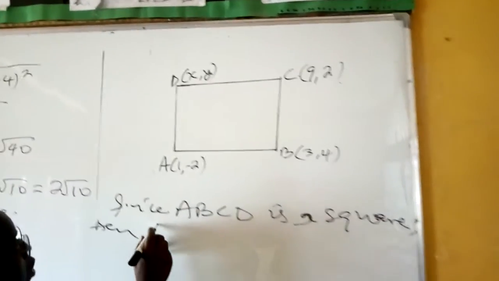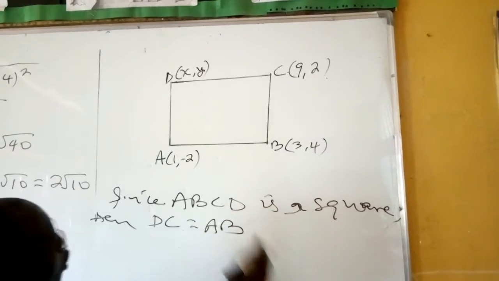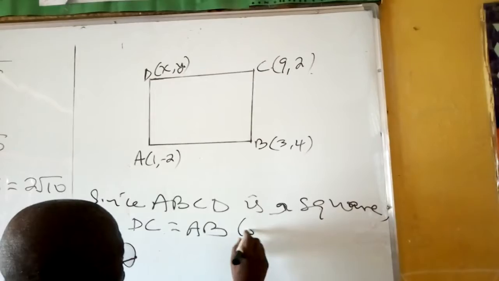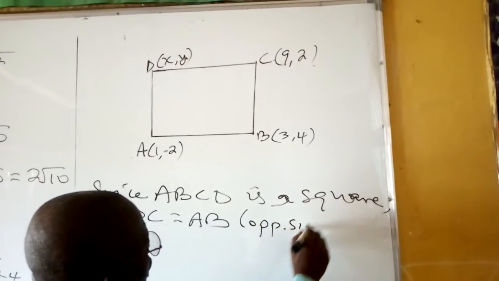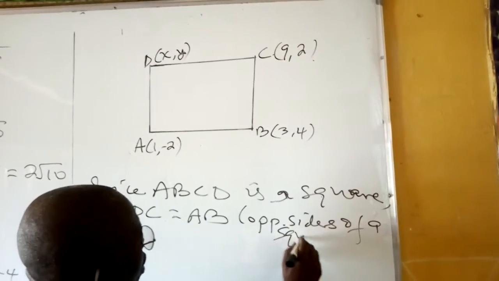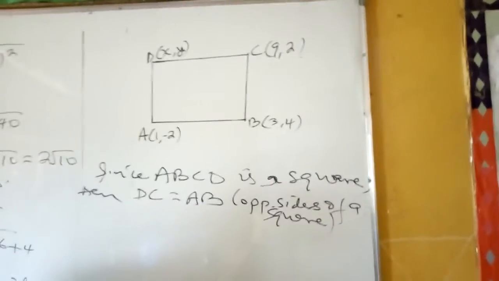Then DC is equal to AB. The opposite sides of a square are equal.